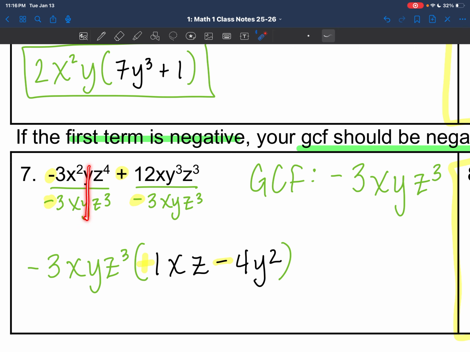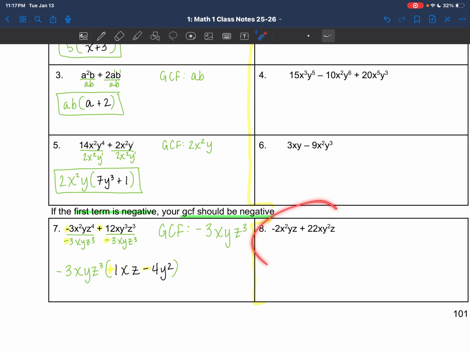Our y's cancel out, or simplify to give you 1. And then 4 minus 3 is 1. Now, again, we have positive 12 over negative 3, which gives you negative 4. Your x's cancel out, your y is 3 minus 1, which is 2, and your z's cancel out. So this is your final factored form. All right, go ahead, try that one.